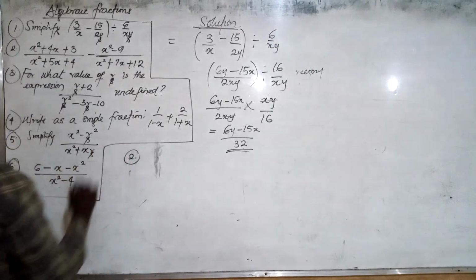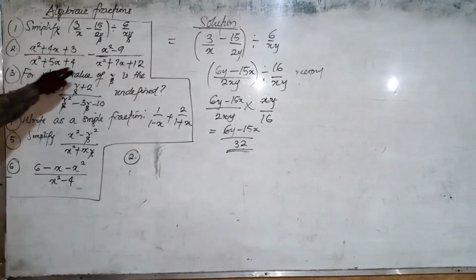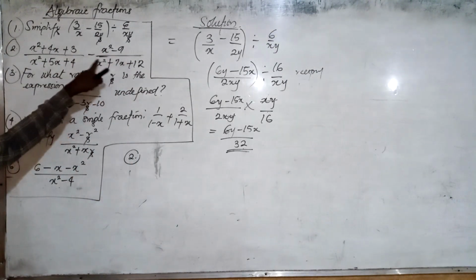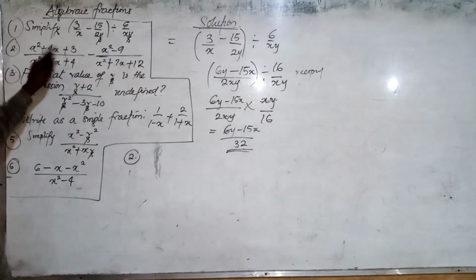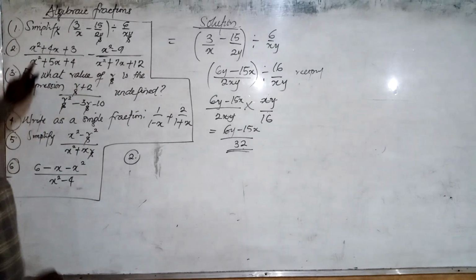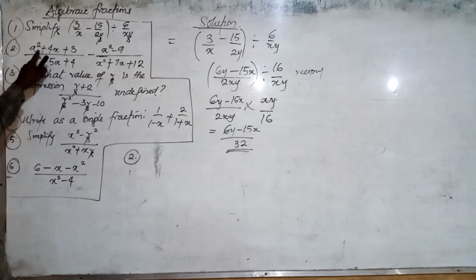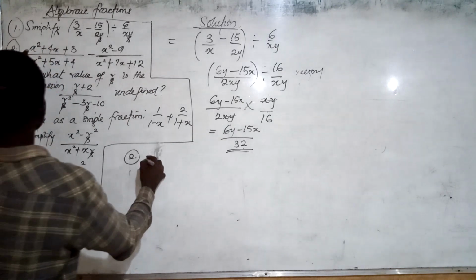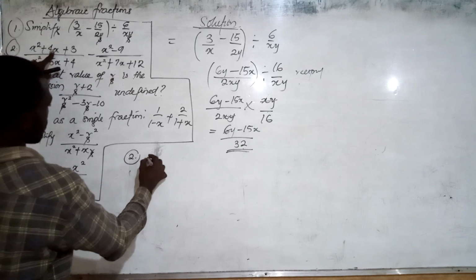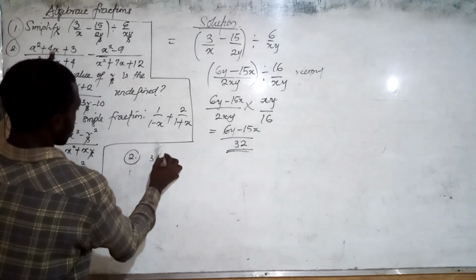Number 2 says all of this over all of this plus or minus all of this over all of this. Alright, this is also a simplification question. So what we basically do is these are quadratic expressions. So we find the roots of this quadratic expression, and this would be 3 and 1.